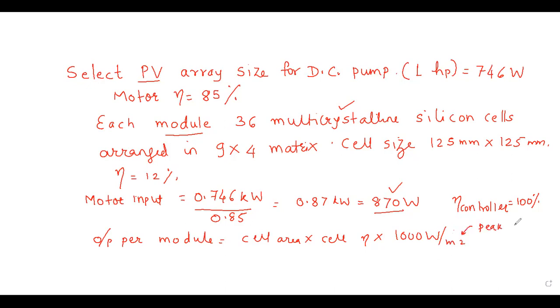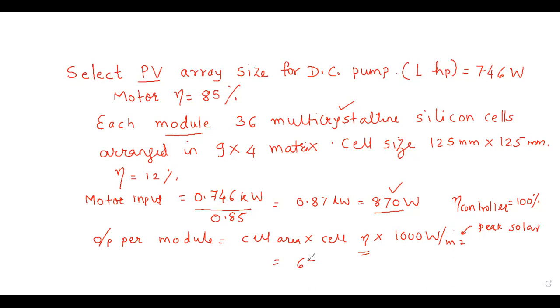It's a peak solar insolation. So this, into this efficiency, is the output of the solar cell. Into the cell area would give you the output per module. If you do the calculation for the total cell area, then the output per module is around 67.5 watts.